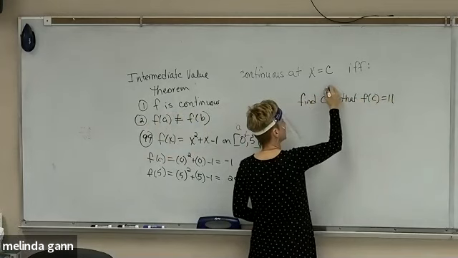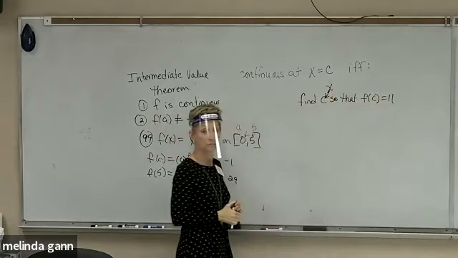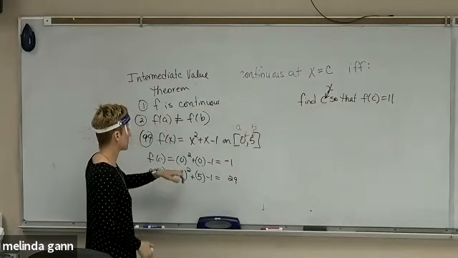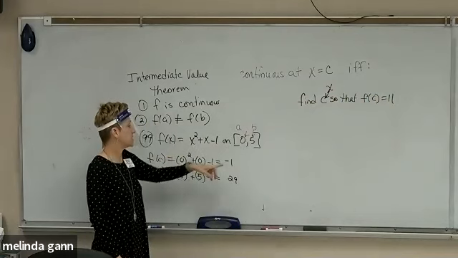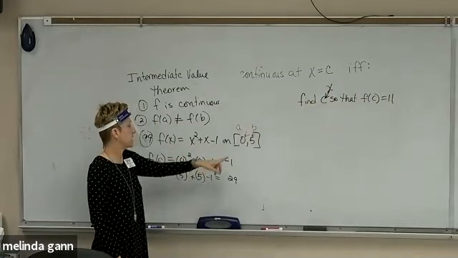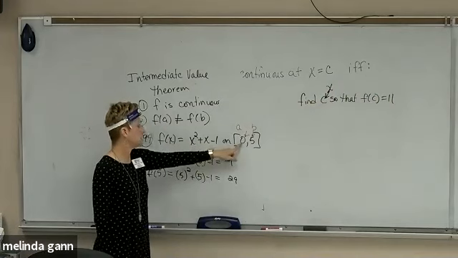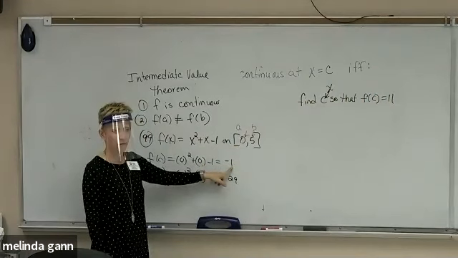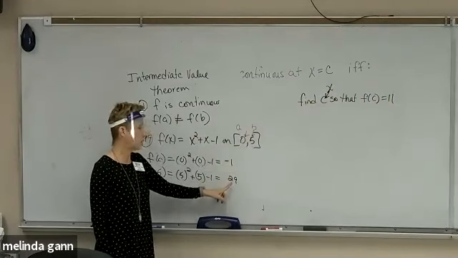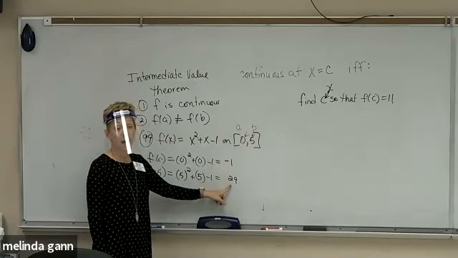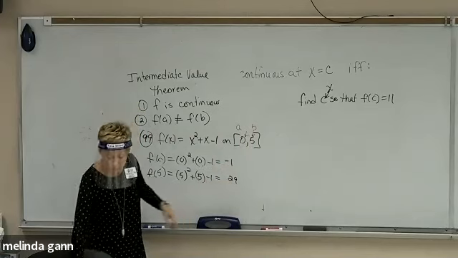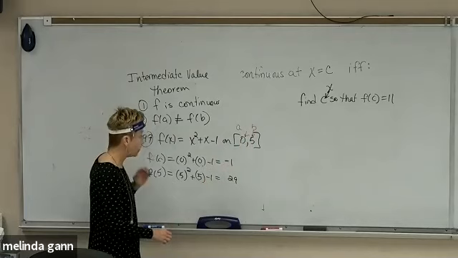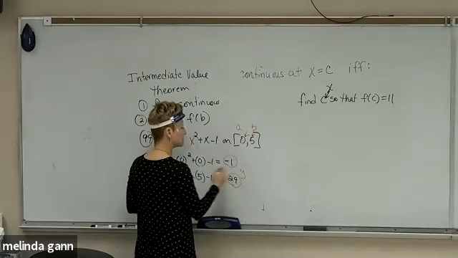Now, do you understand that this is an x value? So here's what it's saying. You're graphing this thing. When you plug in 0, the point (0, -1) is on your graph. And the point (5, 29) is on your graph. Understand that these are y values.